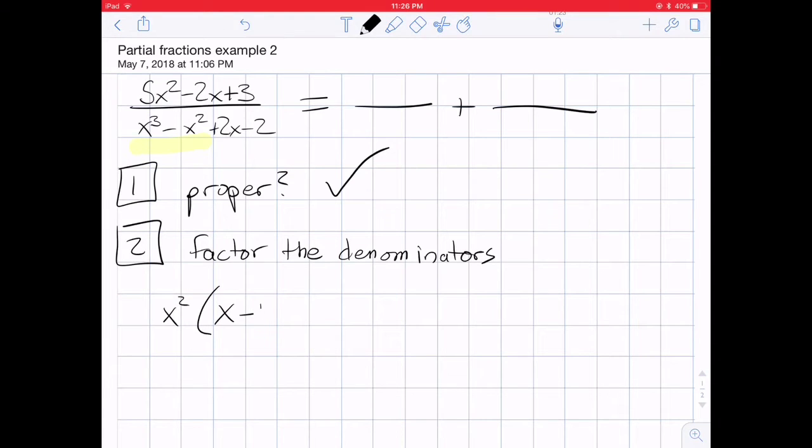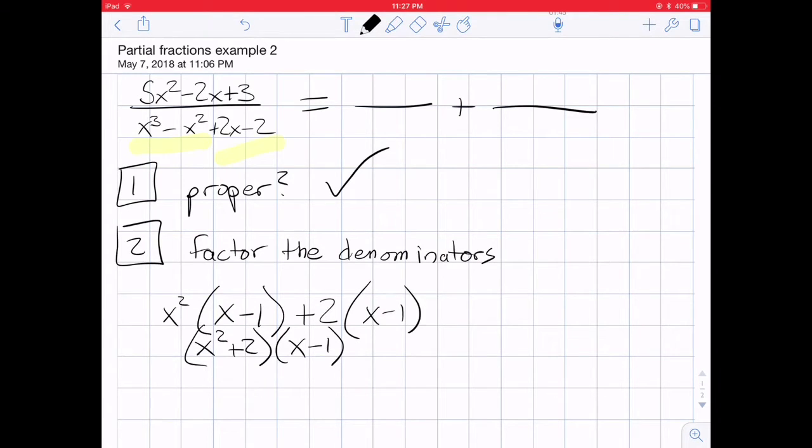That's going to leave me with x minus 1. And then from the second two terms, the 2x minus 2, I'm going to pull out a 2, leaving me with x minus 1 again. That lets you pull out the x minus 1, and then by factoring by grouping, you have x squared plus 2 and x minus 1.